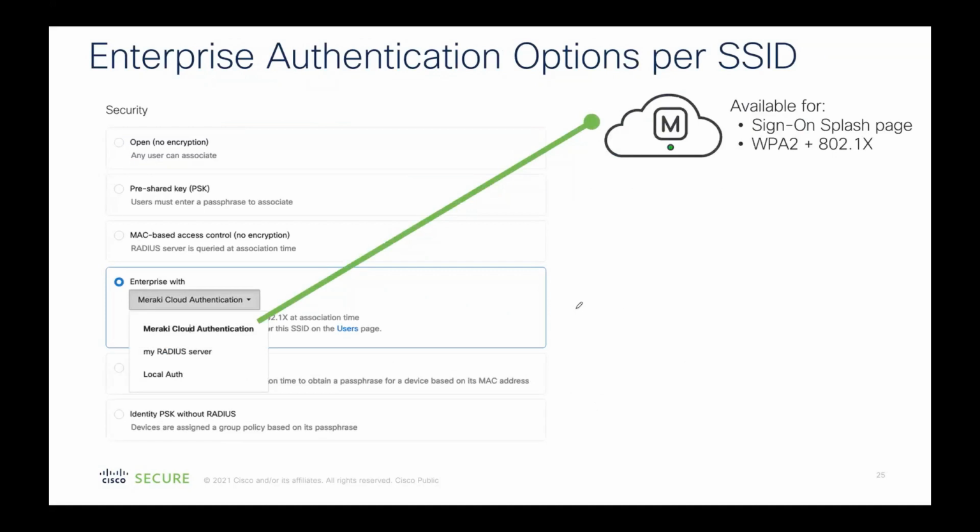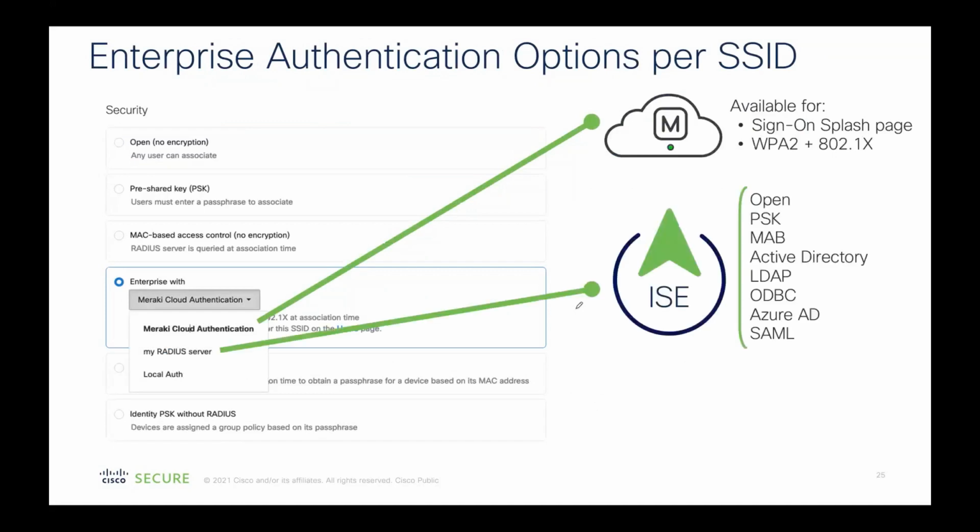And inside of that, Meraki will basically do 802.1x for you to authenticate your device. My Radius server, that's where ICE comes in. You are going to specify ICE as your Radius server, and that gives you the option to do any number of different authentication mechanisms or talk to multiple different backend stores with your 802.1x connections.